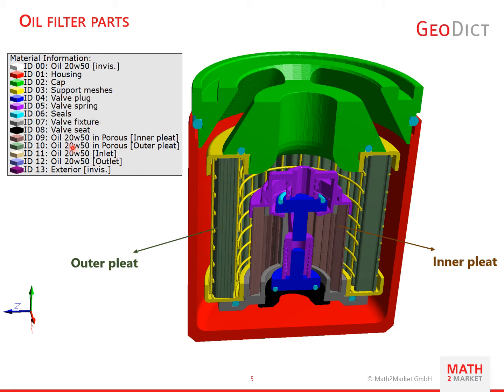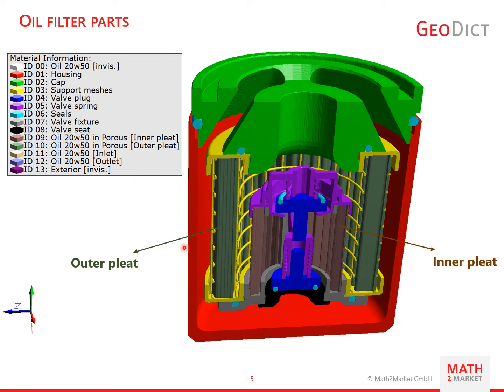And you can also see the porous parts, the inner pleat, shown here with brown color. This is a porous media, and this means the oil will pass through the porous media. The outer pleat is shown with a dark green color.